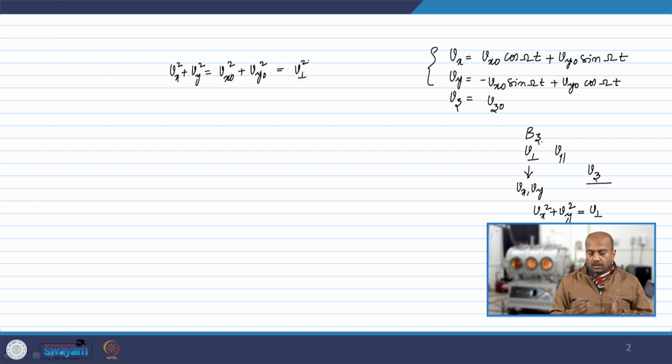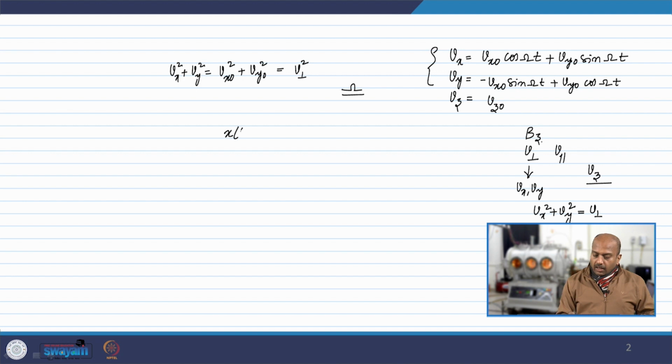Now the velocity is resembling an equation of circle. So the motion is circular motion in reality. We also realized what is the angular frequency that is associated with this circular motion.